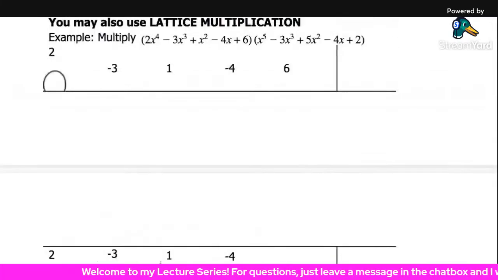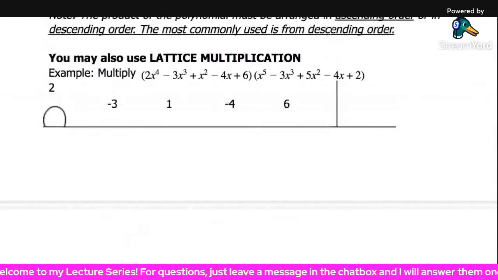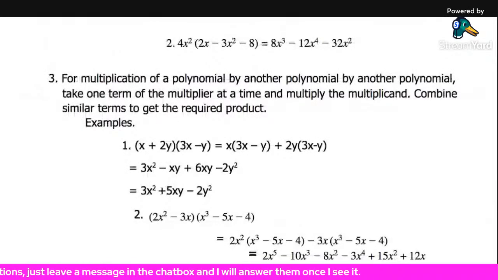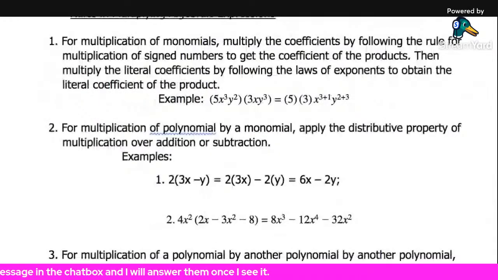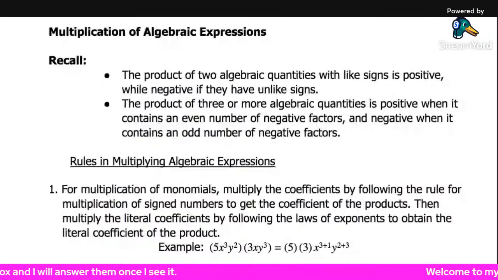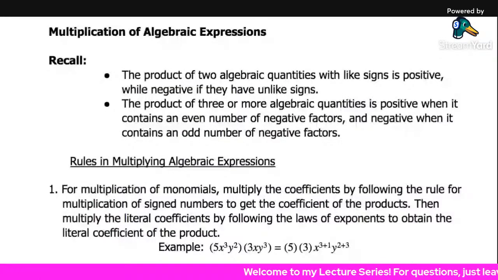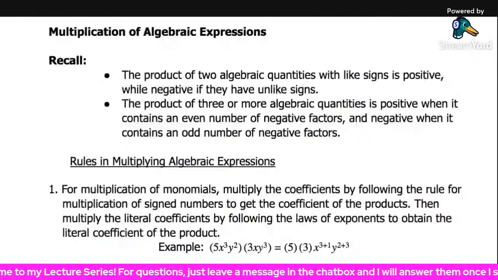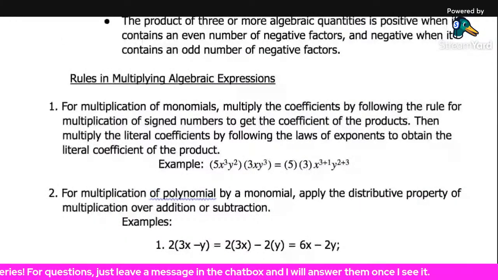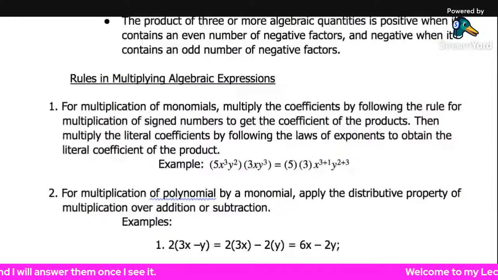Okay, let's proceed with multiplication. Multiplication of algebraic expressions. We have some rules here. For multiplication of monomials, multiply the coefficients by following the rule for multiplication of signed numbers to get the coefficient of the product. Then multiply the literal coefficients by following the laws of exponent to obtain the literal coefficient of the product. This is pretty basic, I know.